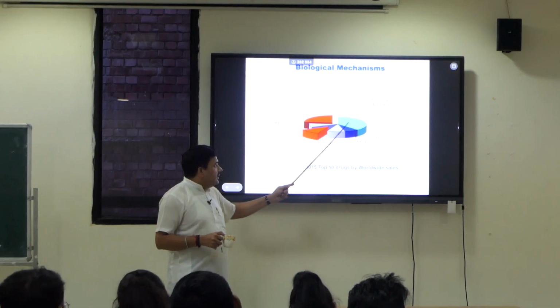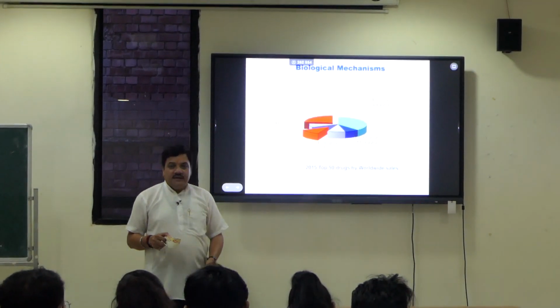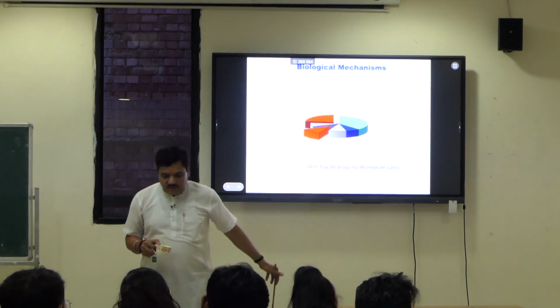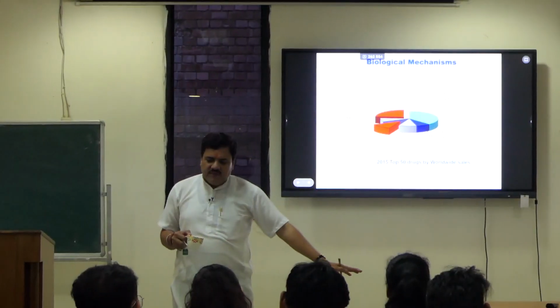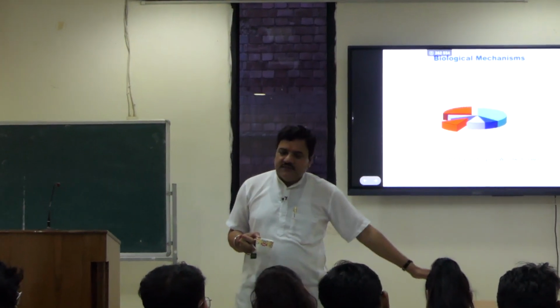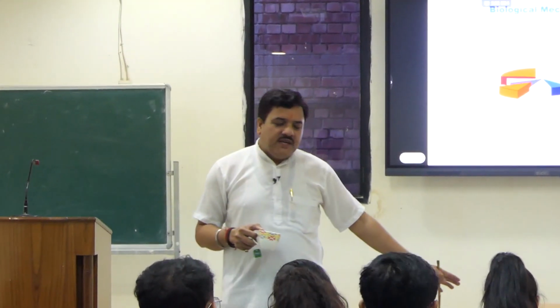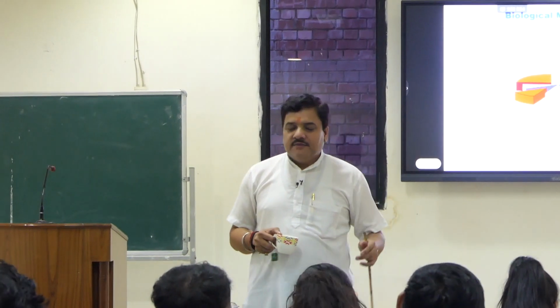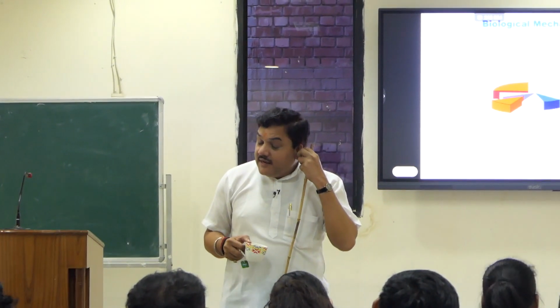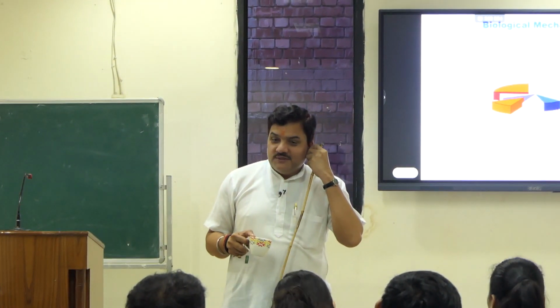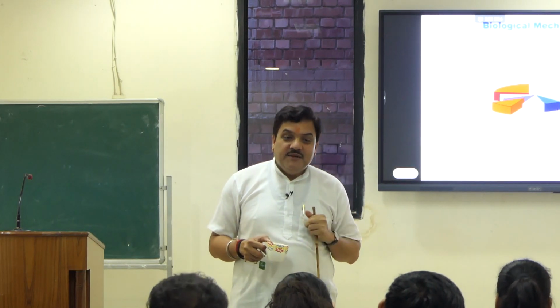You see this light blue part. This is almost the same by 2025, but this particular slide is taken from AstraZeneca, and the data is from 2015. So 38% of the molecules used as drugs are enzyme inhibitors.